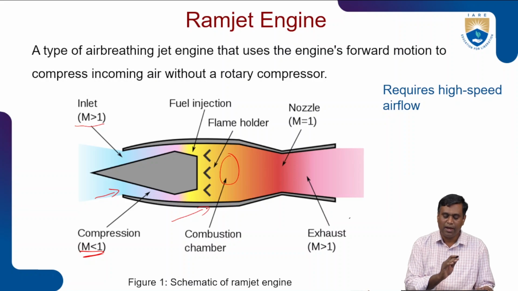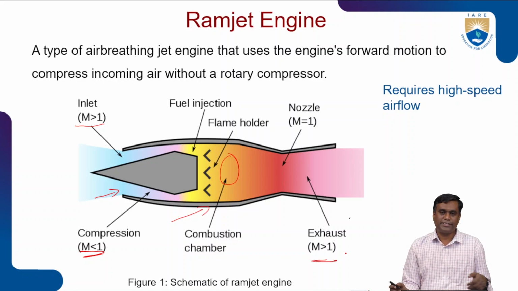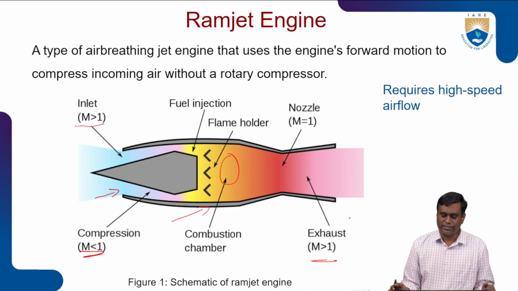And this high speed and high pressure exhaust passes through the exhaust section or nozzle, and it can generate high speed exhaust and accordingly high levels of thrust.